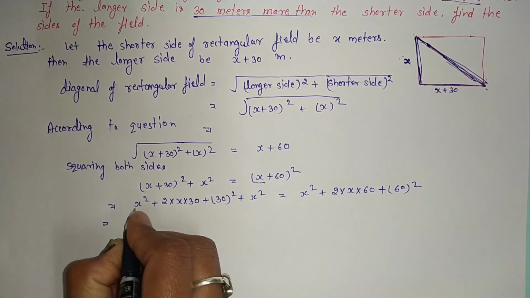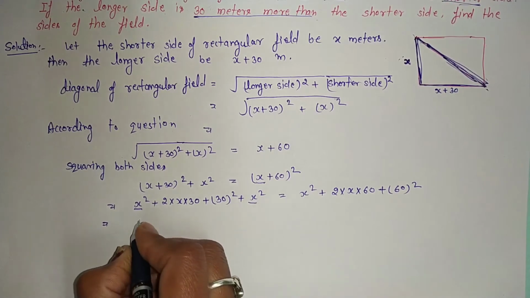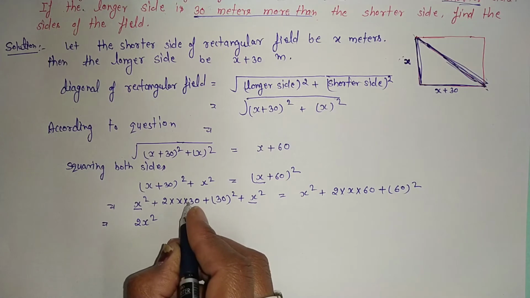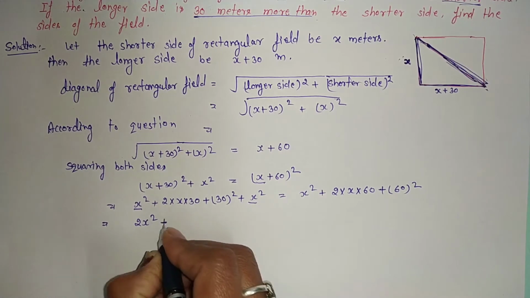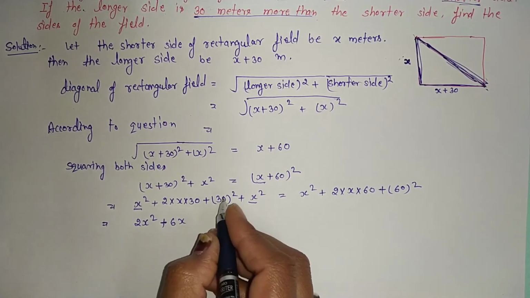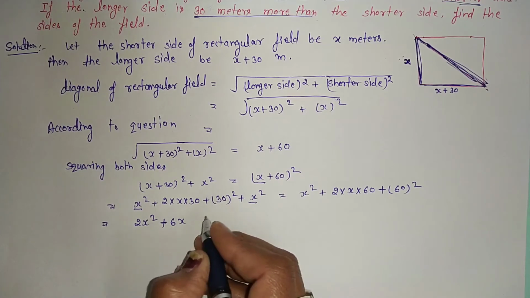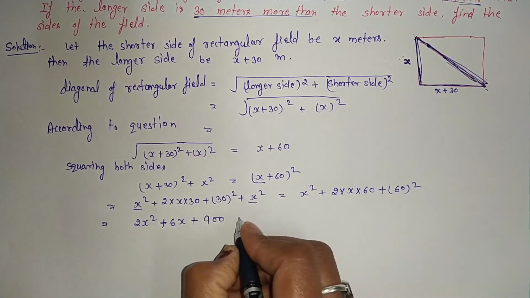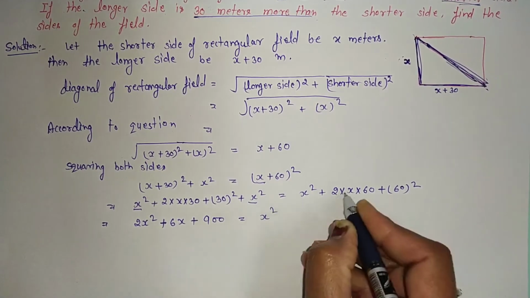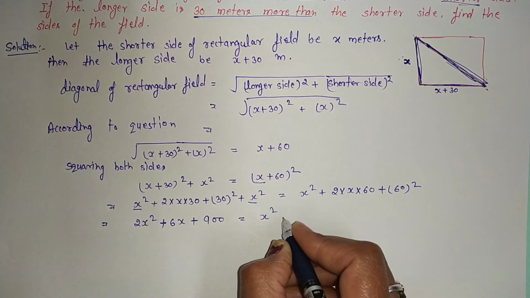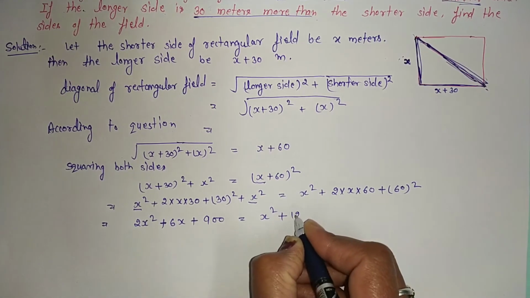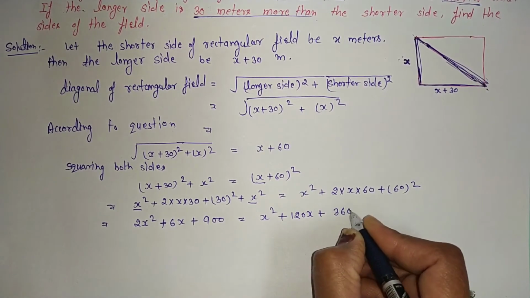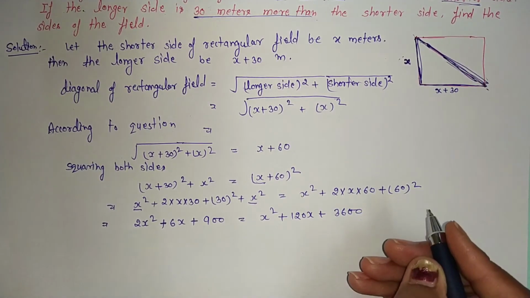We get x square plus x square become 2x square, twice of 30 become plus 60x, and square of 30 become 900, is equal to x square, twice of 60 become 120x, and square of 60 become 3600.